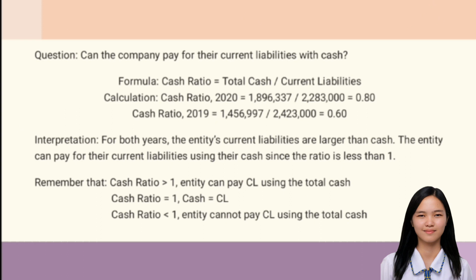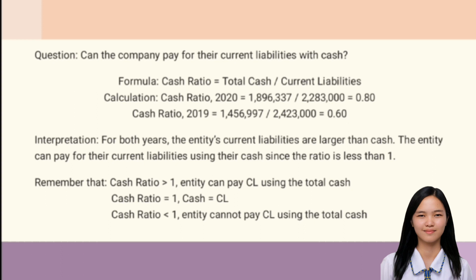So, kailangan na natin ng reinforcement. Ano nga ba ang reinforcement? Mag-collect na tayo ng receivable, magbenta ng mga marketable equity securities, magbenta ng inventories para magkapera tayo na pambayad ng current liabilities.